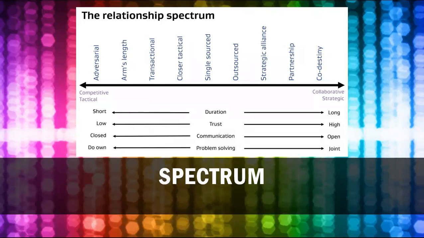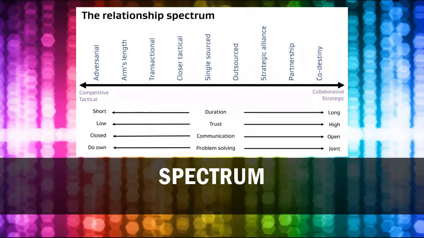Okay, we go into the content of the revision. First, I will quickly recap the relationship spectrum. This spectrum is an area that has quite many questions in the exam.